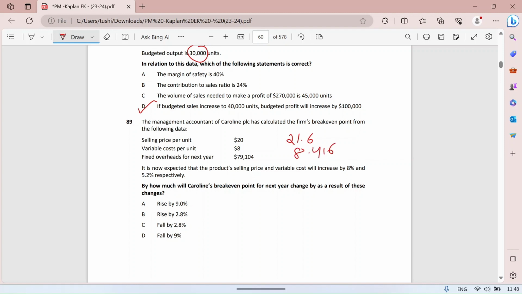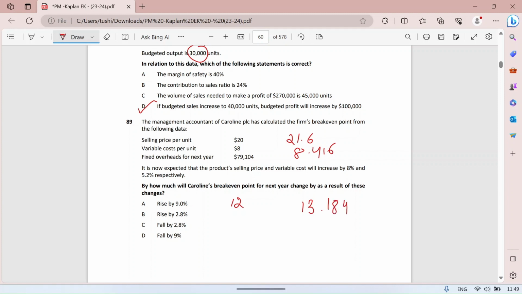So earlier your contribution was 20 minus 8, which used to be $12, and now your contribution will be 21.6 minus 8.416, and this gives you your contribution as 13.184.